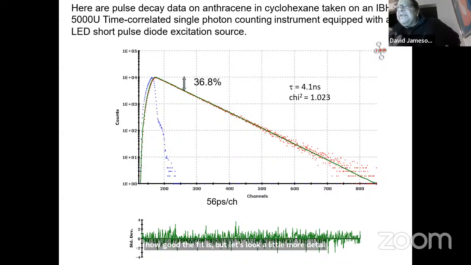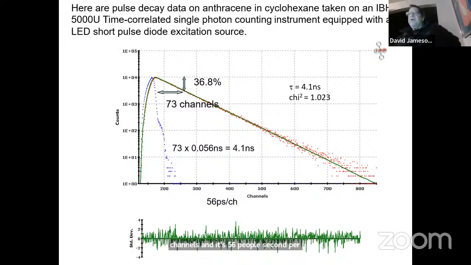In the log scale, this is 36.8%. So this is the 1 over e value. And in this case, it took 73 channels from the excitation pulse to reach that point. So 73 channels, and it's 56 picoseconds per channel. That's how you get to 4.1 nanoseconds.